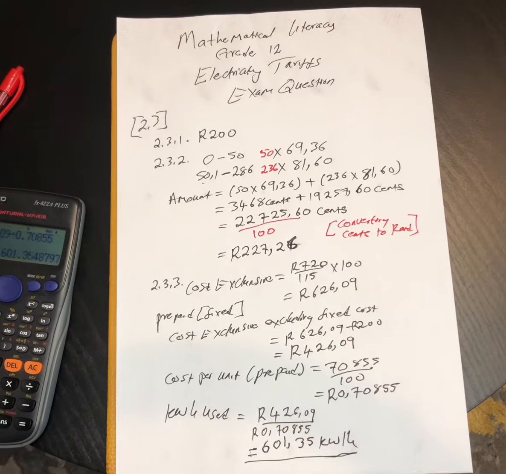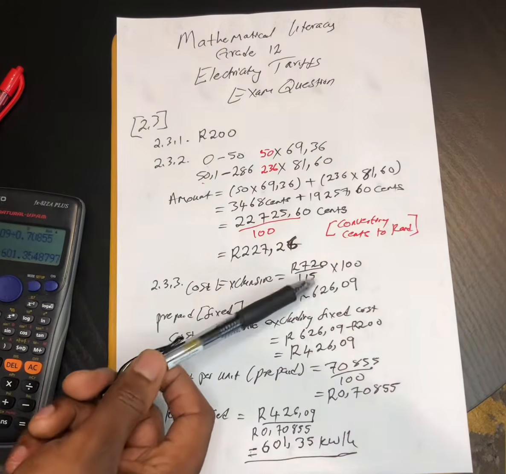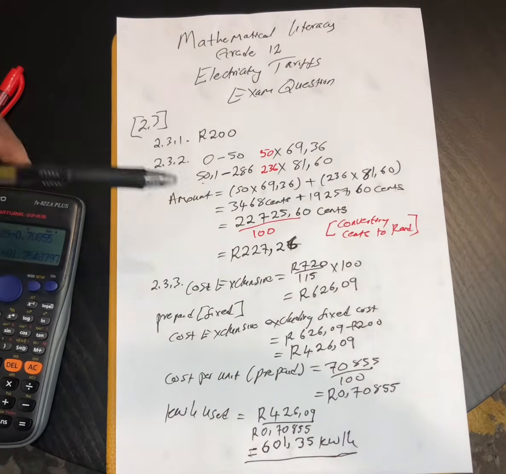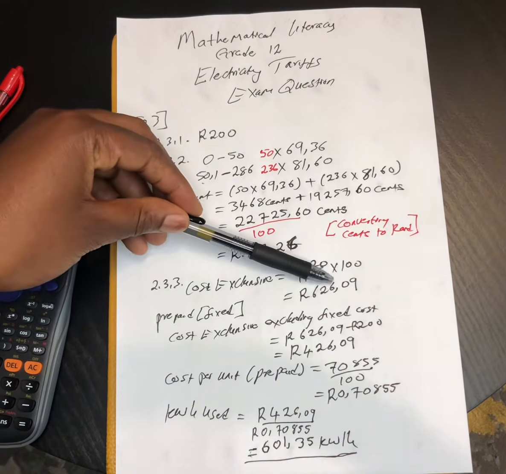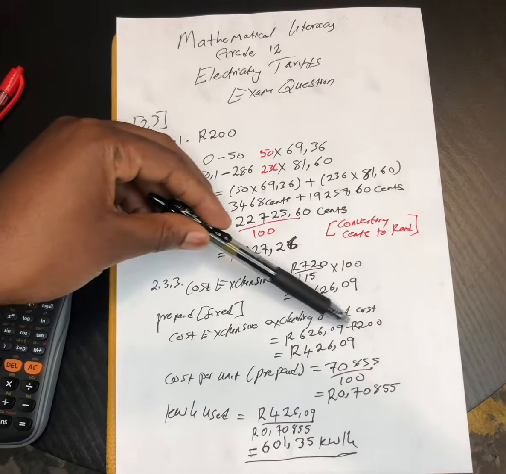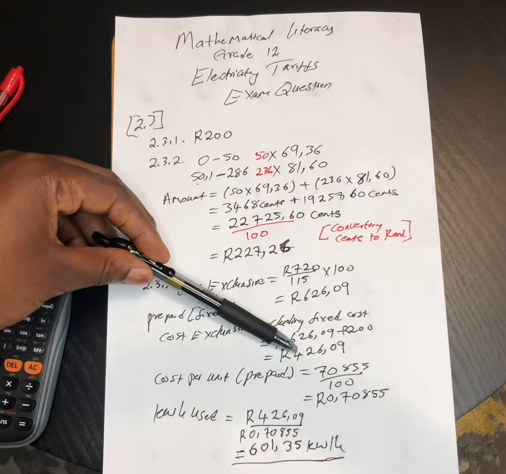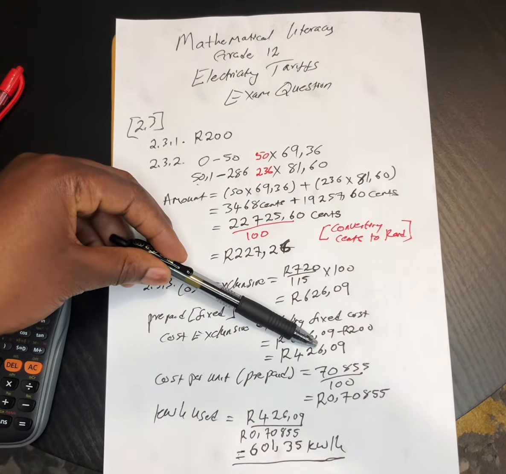So this household is going to use 601.35 kilowatt hours if they've used 720 rands. From that 720 rands, which was VAT inclusive, we converted it to exclusive and found 626.09. Then from this 626.09, we know that there is a fixed amount inside, and we removed the fixed amount. We remain with the total amount that they've used to buy electricity, which is 426.09.